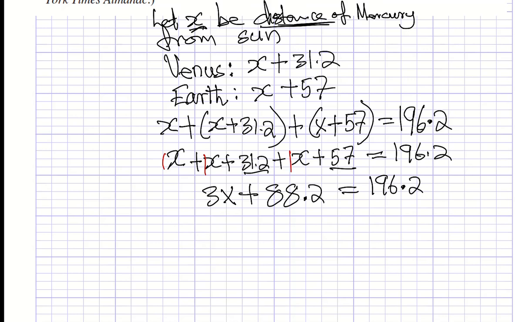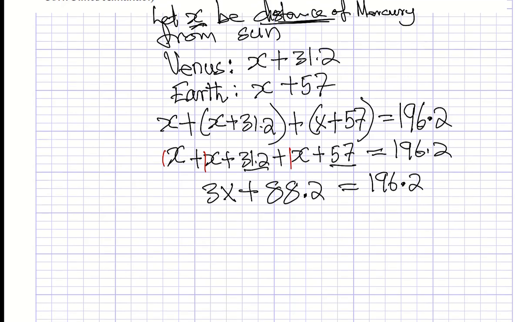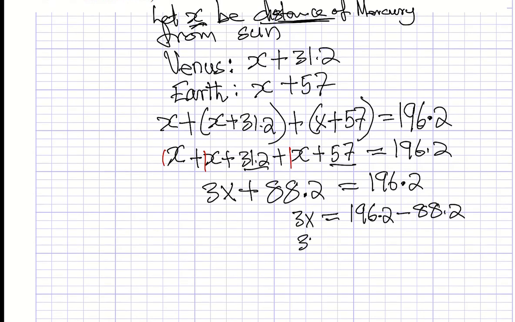You see that, right? And then you move 88.2 to the other side. 3x equals 196.2 minus 88.2. Sometimes I jump a lot of steps, but by now you should be advanced. Sorry about that if I offended you.